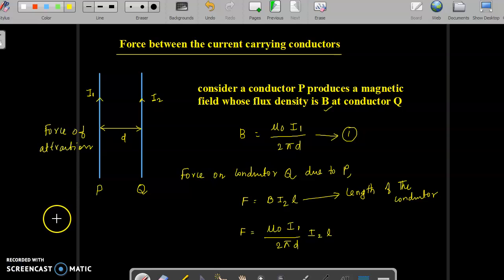If the currents are in opposite directions, there is a force of repulsion between conductors P and Q. But whether it is attraction or repulsion, the magnitude of the force is the same. This is the expression for the magnitude of force experienced by a current carrying conductor in a magnetic field.